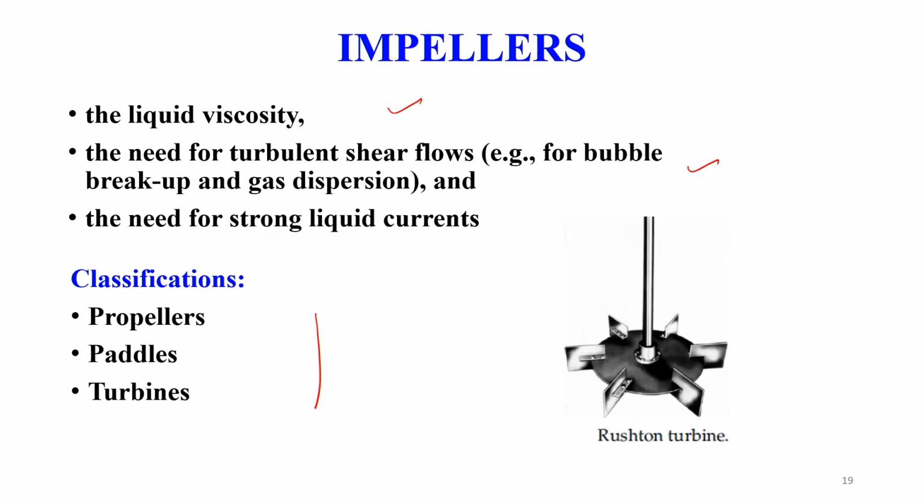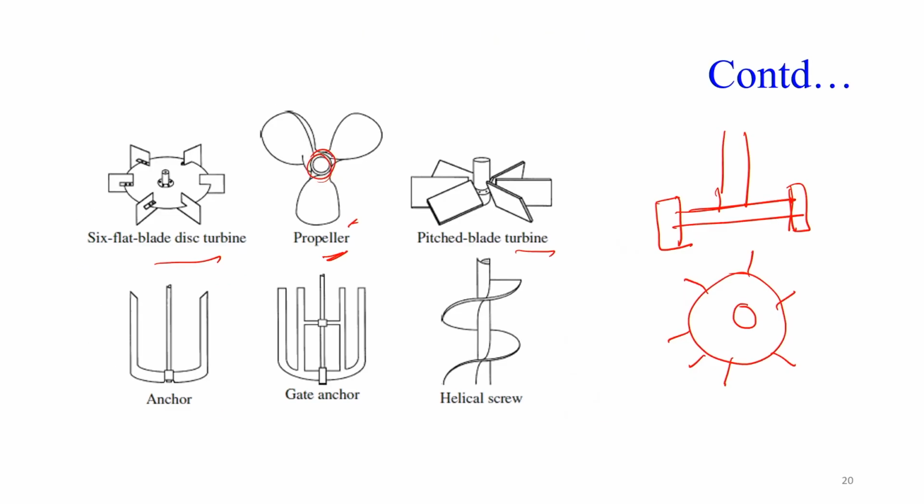Apart from these three, propeller, paddle and turbines, there are certain other special impellers, particularly anchor, gate anchor and the helicals, and they are used for highly viscous fluids. Particularly if you want to handle solid powder particles, one needs to go for the helical screw.